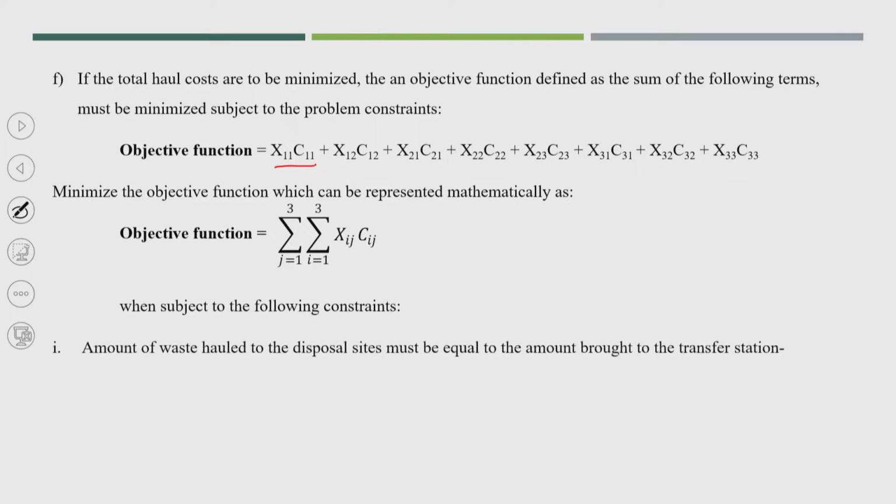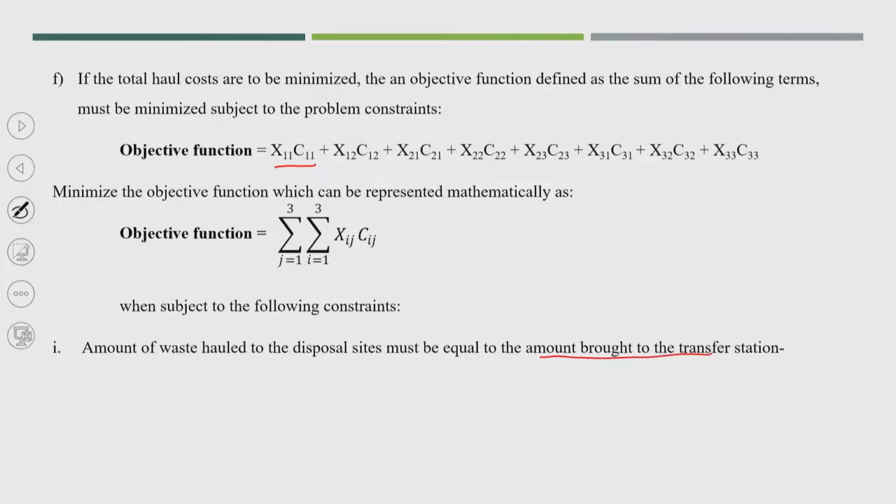This objective function is subject to the following constraints. The first constraint is that the amount of waste hauled to the disposal site must be equal to the amount brought to the transfer station.